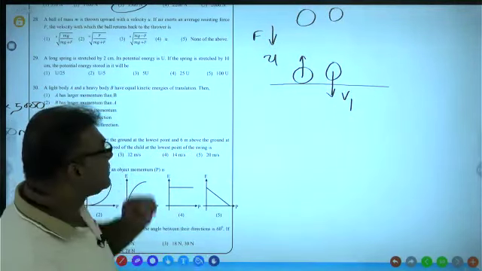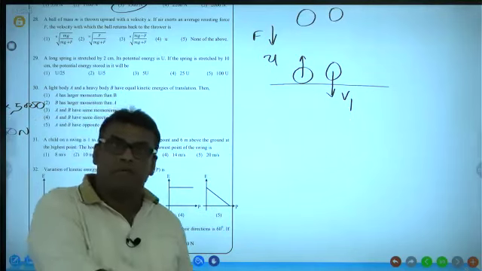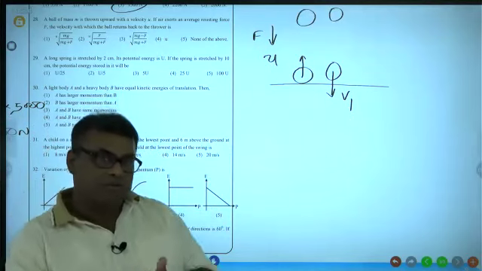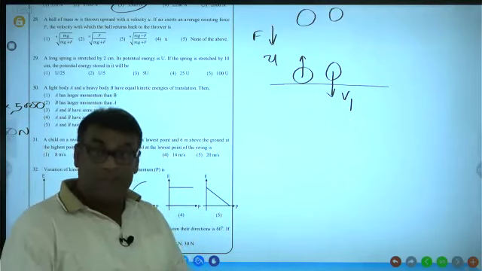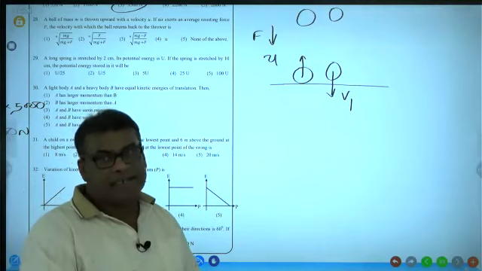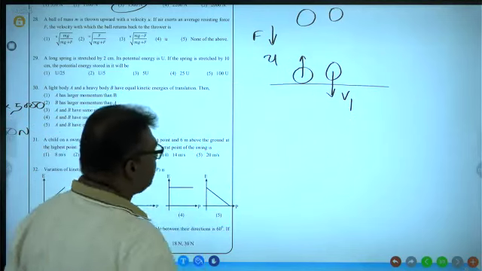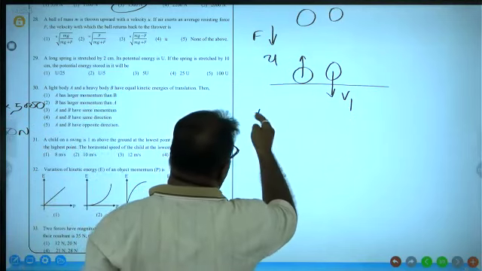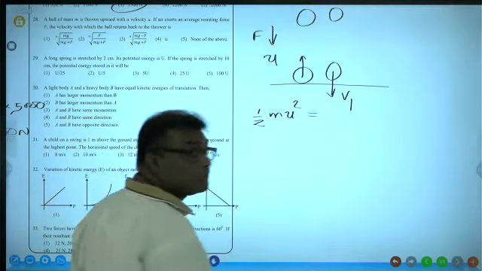Okay, air resistance is present. Right. There is an easy way to do this, without using motion equations. We can use energy, mechanical energy conservation. How? At the beginning, with the projection, we have half m u squared kinetic energy.